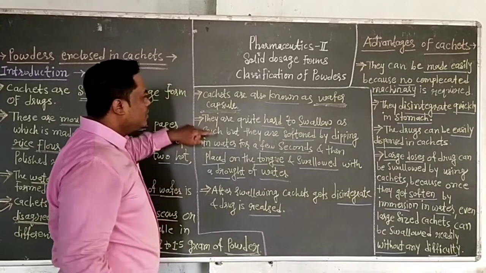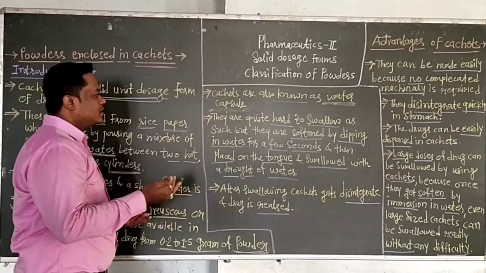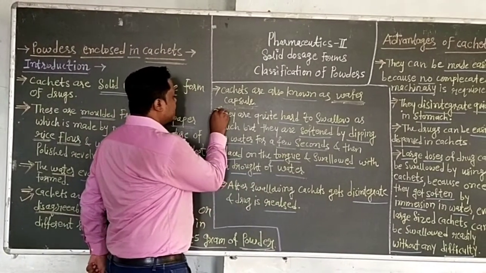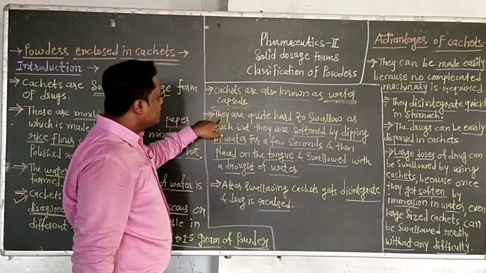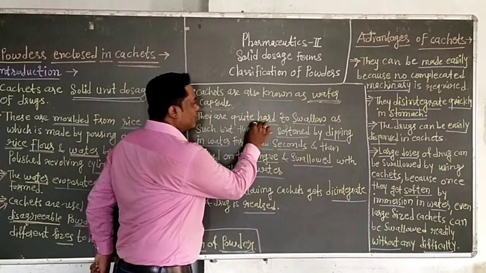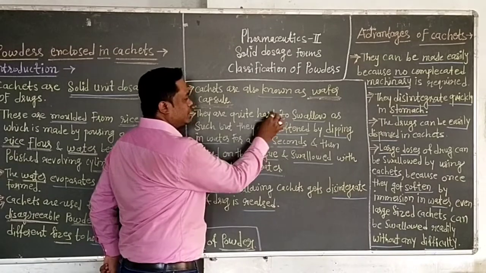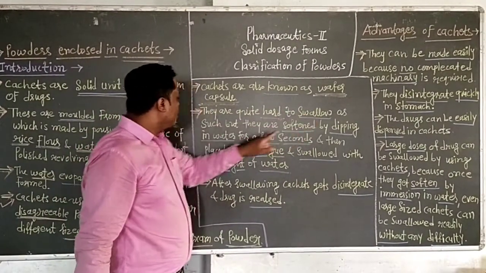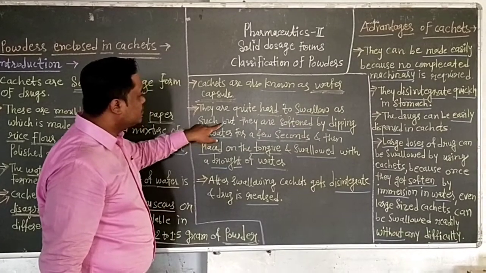Then, how is a cachet swallowed, or how is it taken as a dose? Cachets are quite hard, because the water evaporates, so it is hard to swallow as such.